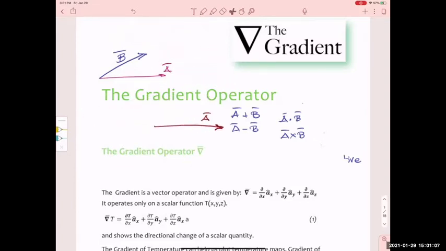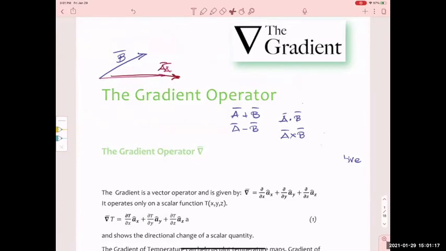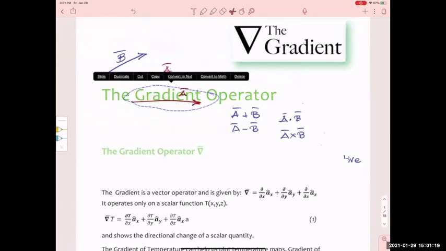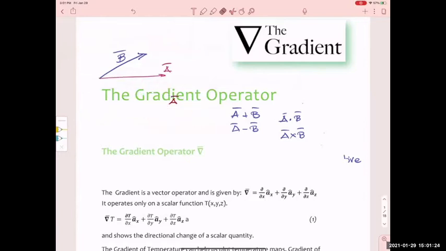I can move it here, I can move it anywhere. It's going to be identical. So to perform these operations, I move the vector here, as I have done. So I will remove this one. Now I brought two vectors like this.